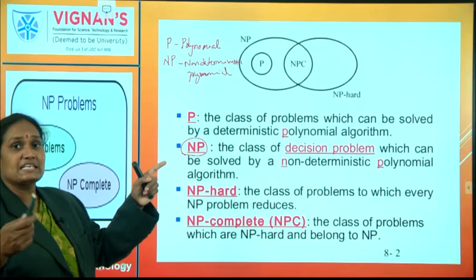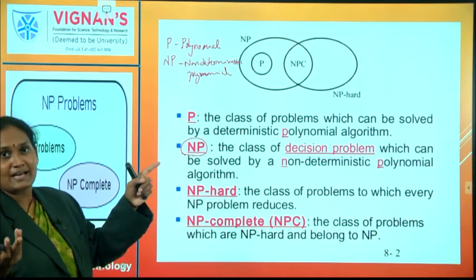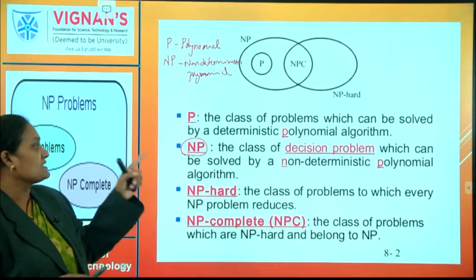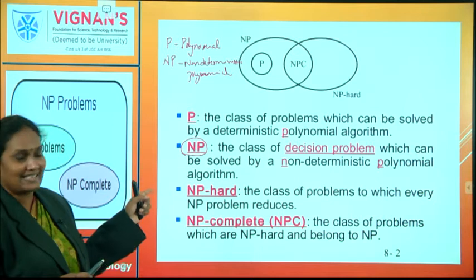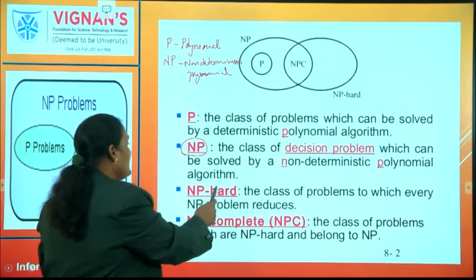The problems which give either yes or no as answers, or Boolean values as solutions, are called decision problems. Here, the class of decision problems which can be solved by a non-deterministic polynomial algorithm are called NP problems.